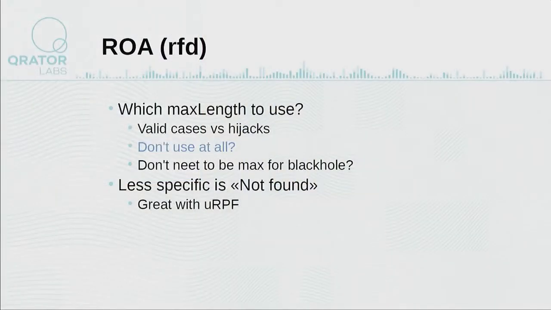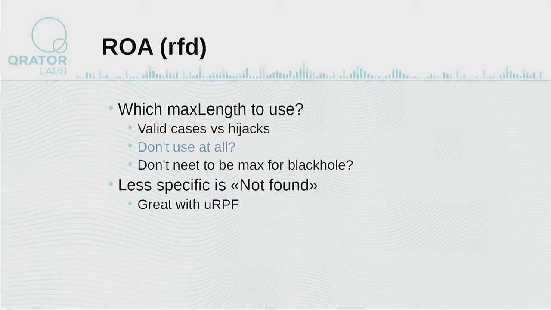But if we try to remember why we needed ROA records, we needed them to protect you from hijacks. And so a hijacker can use these more specific prefixes for his own goals, and by using them, if max length allows him to, redirect traffic to himself.